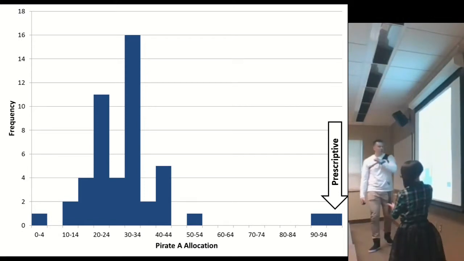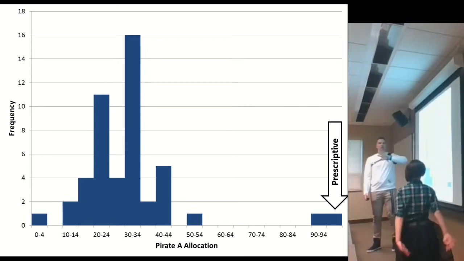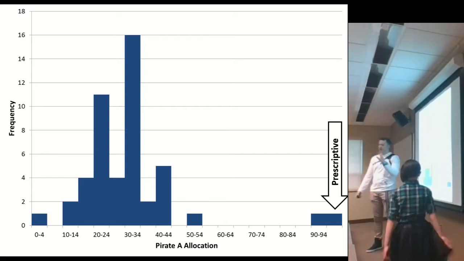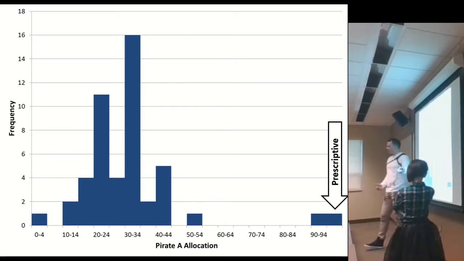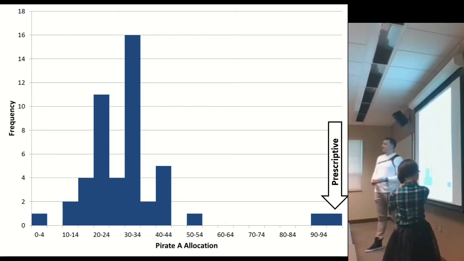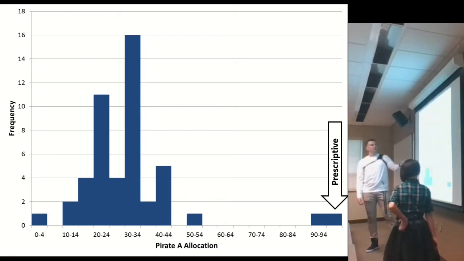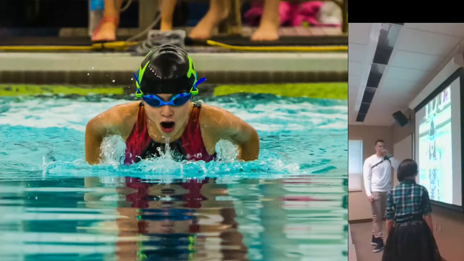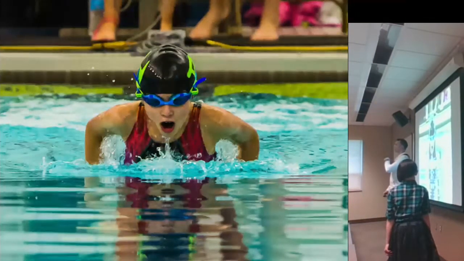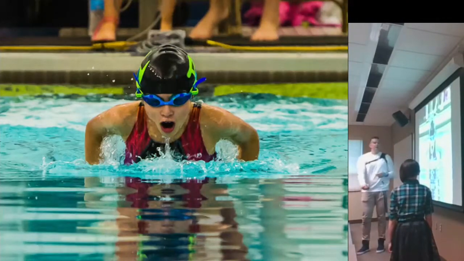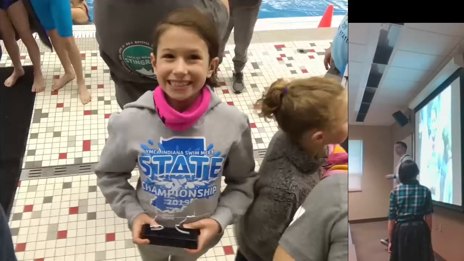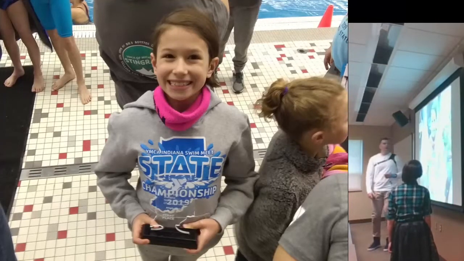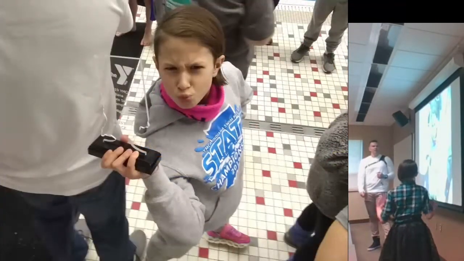All right, so what we're going to do now is we're going to revisit the Pirate Booty Challenge. And to tell us about that, we have our special guest lecturer today, Isabella. So before I let her take it away, just a little background. Isabella is a swimmer for the YMCA Stingrays. She is the current YMCA state champion in swimming, and she won that this year.